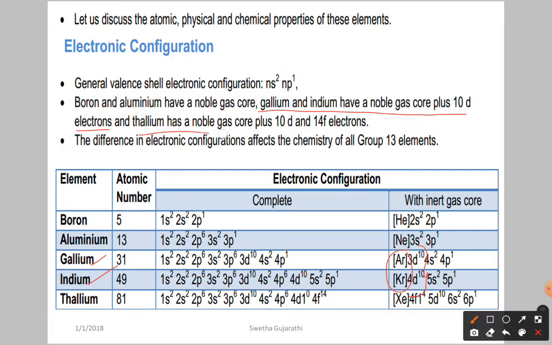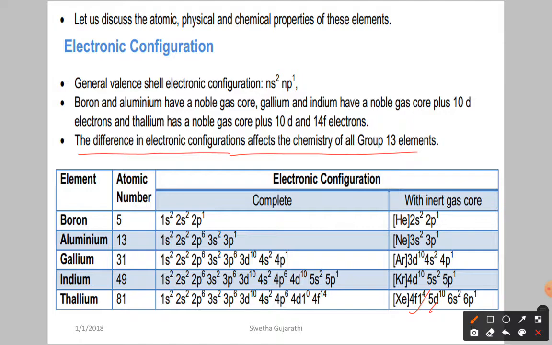And thallium has a noble gas core plus 10 5d electrons, along with 14 electrons in the 4f orbitals. The difference in electronic configuration affects the chemistry of all group 13 elements.